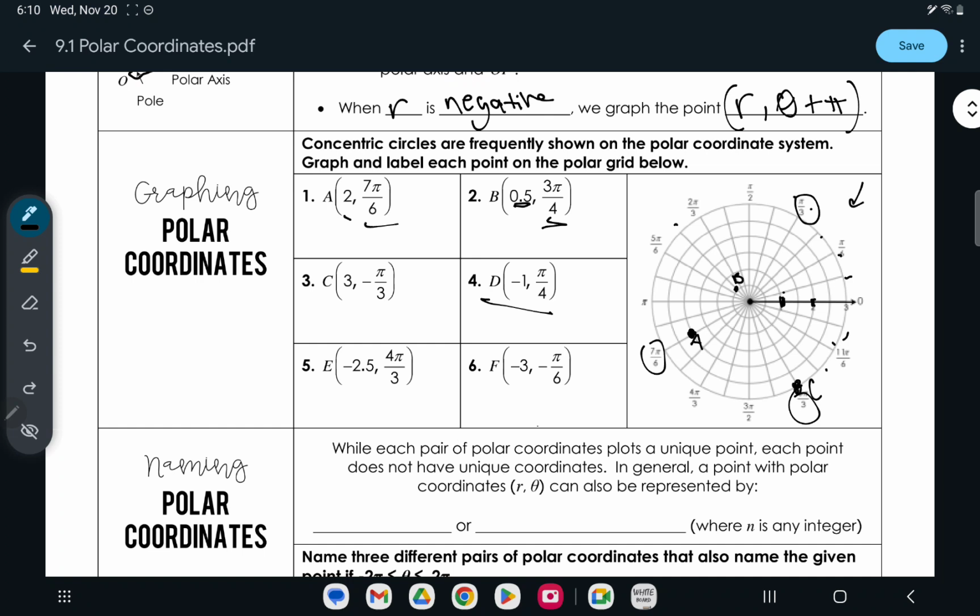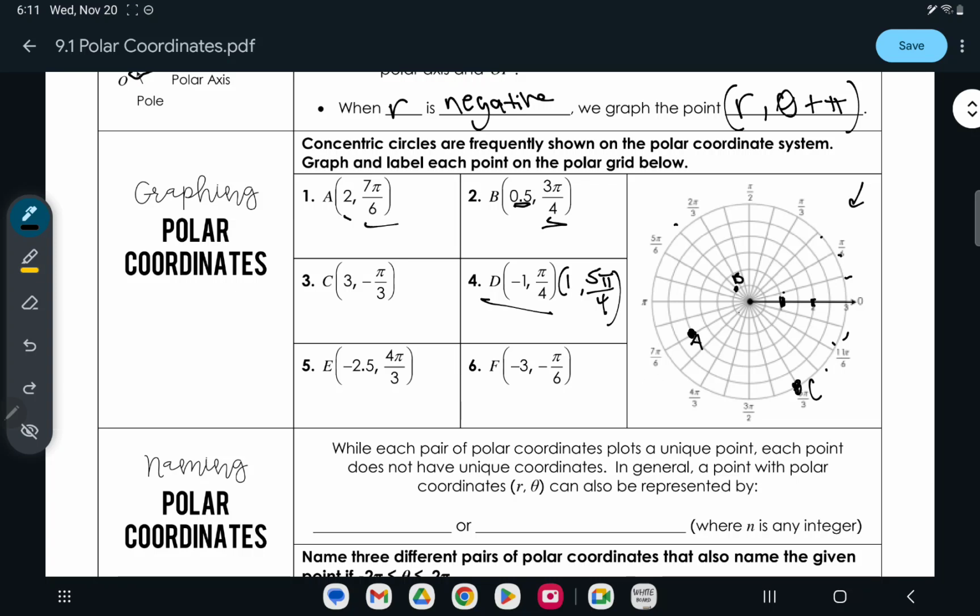D is negative 1 and pi over 4. So we can really graph 1, and then we can add pi. So if I add 4 over 4, I get 5 pi over 4. So I can go to 5 pi over 4, which is here.